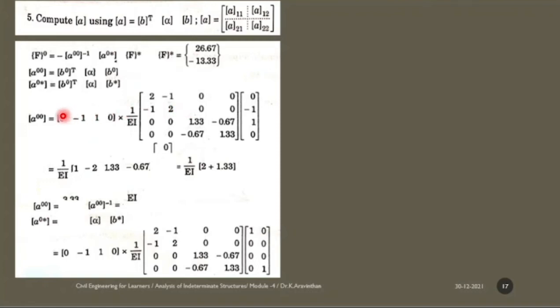How will you multiply? 0 into 2 and minus 1 into minus 1 will be plus 1. 1 into 0 and 0 into 0. So in the first column you will be getting only one answer, that is 1. Then if you multiply the row into the second column, you will be getting minus 1 into 2 will be minus 2, and 1 into 0, 0 into 0.